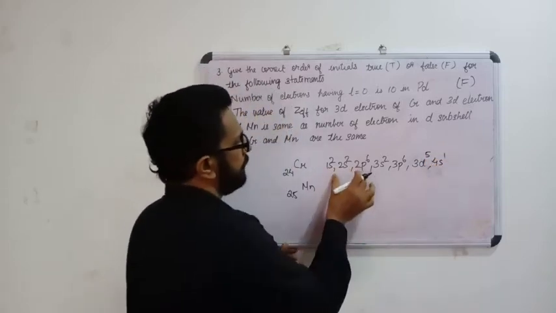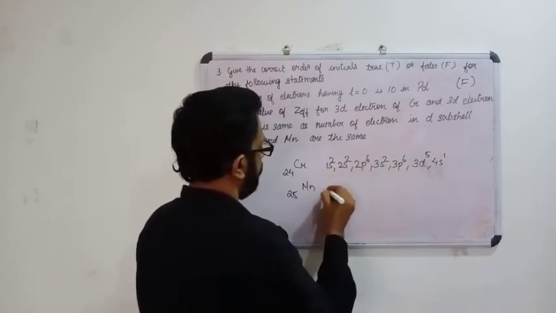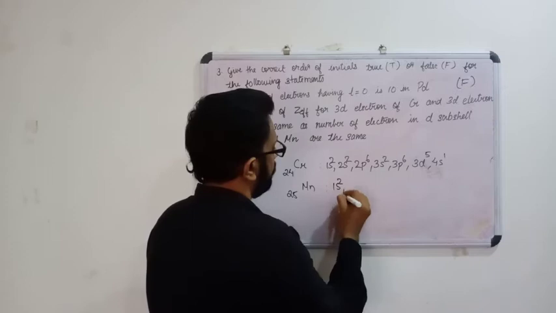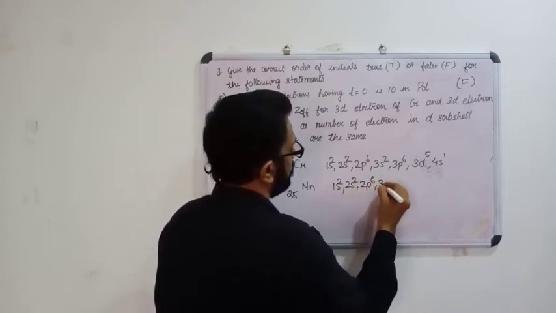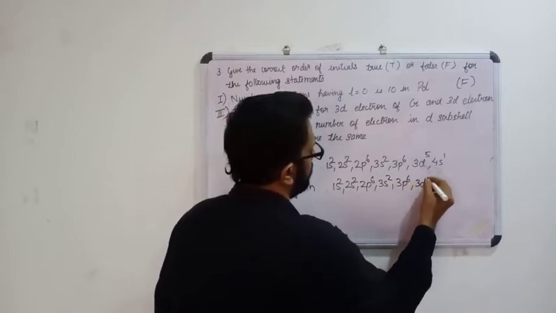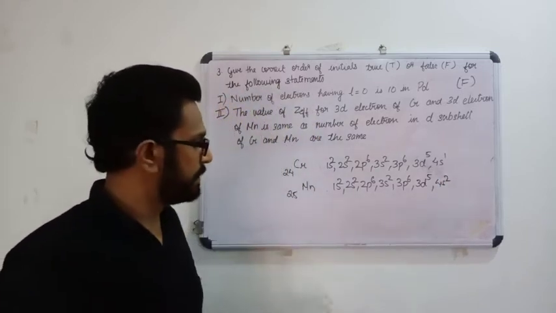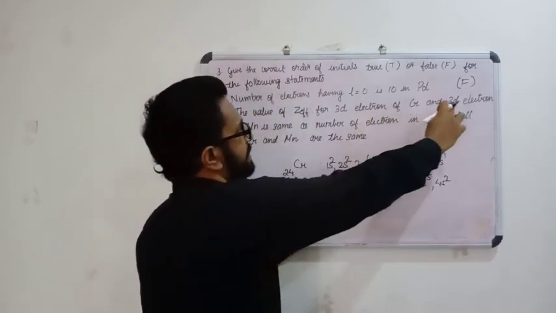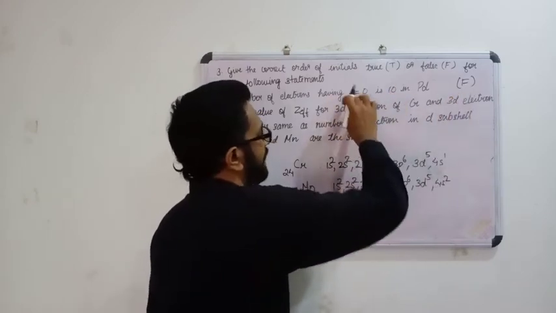The configuration of manganese is 1s2, 2s2, 2p6, 3s2, 3p6, 3d5, 4s2. The question is about the 3d electron, so we have to consider the effective nuclear charge of the 3d electron.